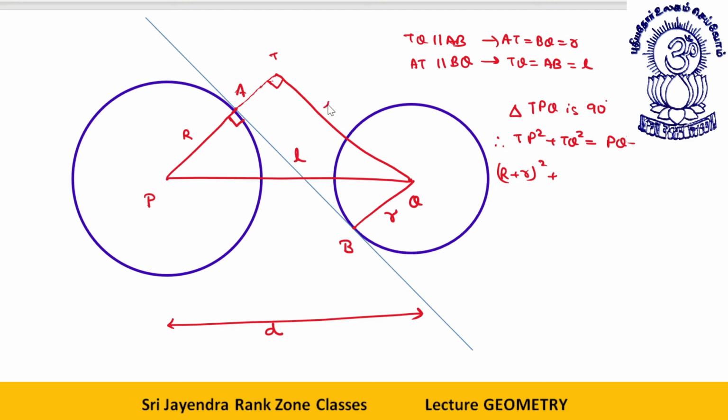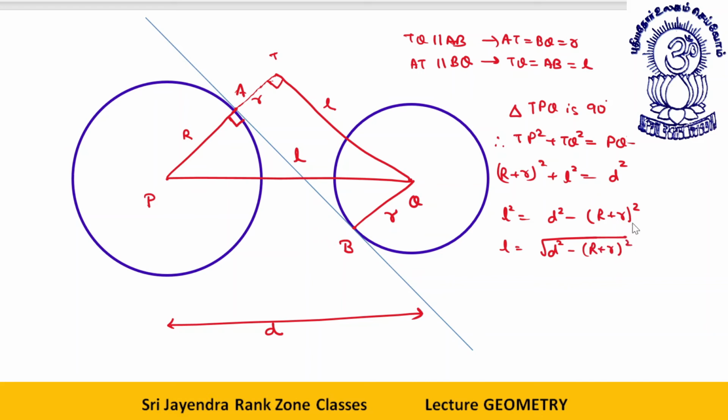This portion is small r. PQ is already given to you as D, from P to Q it is D. So L square is equal to D square minus (R plus r) square, or L is equal to under the root D square minus (R plus r) square.